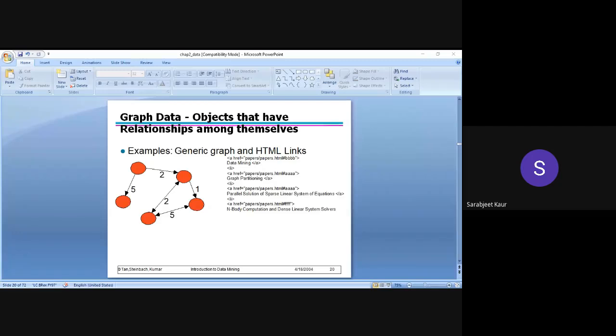So each of these nodes that you see may not be actually just atoms of hydrogen, but maybe a complete molecule of something else, right?